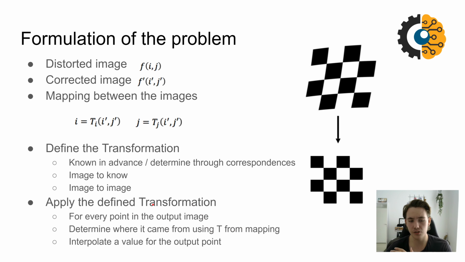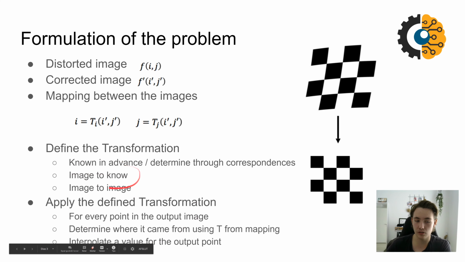We can either know in advance the transformation that we're going to apply, or we can determine our transformation through correspondence, which I'm going to show you at the end of the video, where we have a picture and determine our correspondence, or points in the image that we want to do something with. And then we also need to know the image to image transformation.